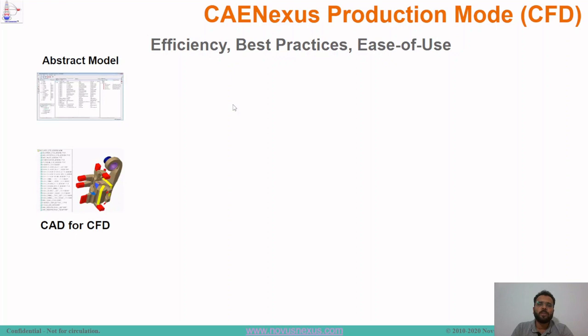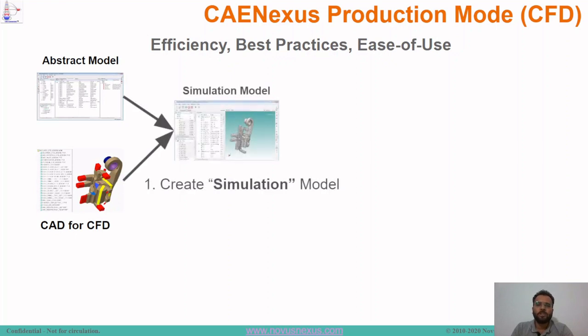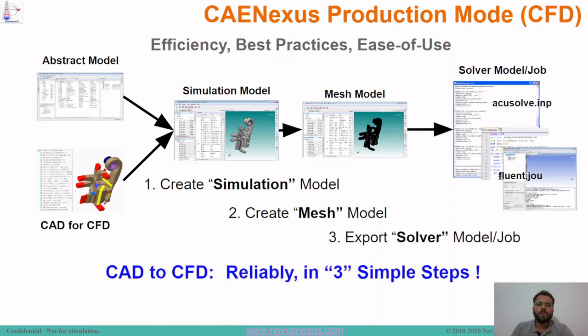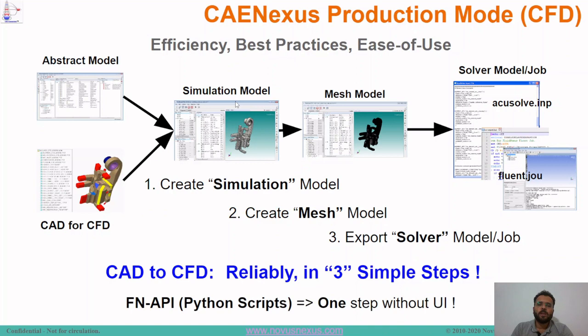Combine the CAD model with the standardized abstract model to create the simulation model. Next, create the mesh model and export the solver model. So, CAD to CFD reliably in 3 simple steps. These steps can also be executed using Python scripts or using suite functionality for multiple models.